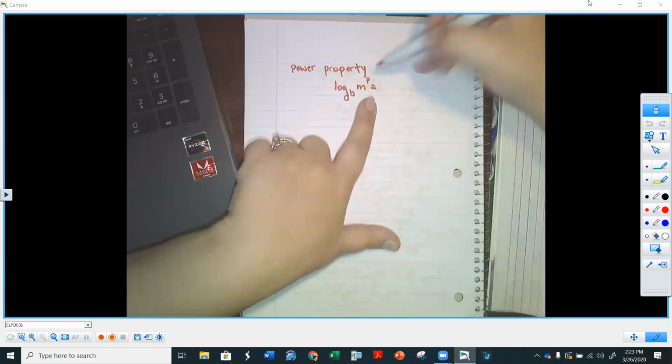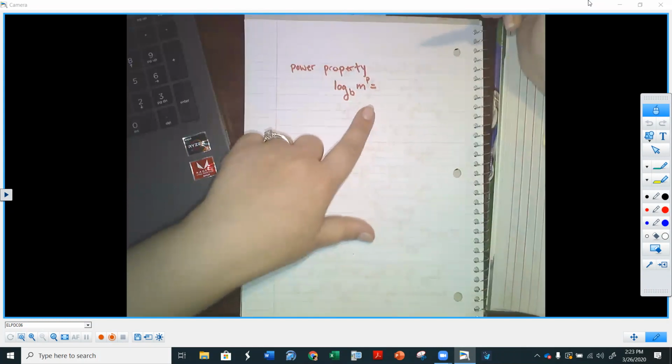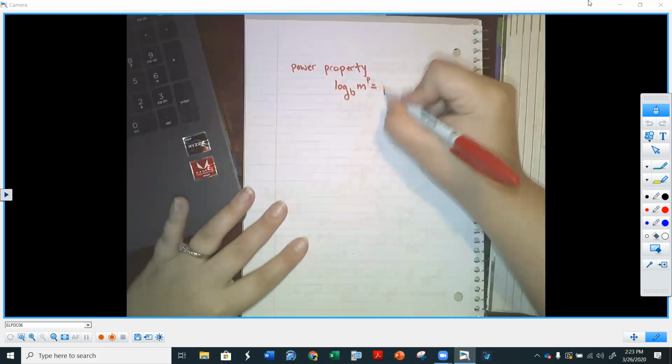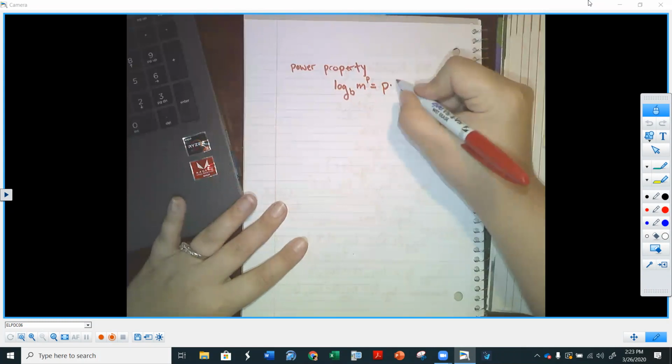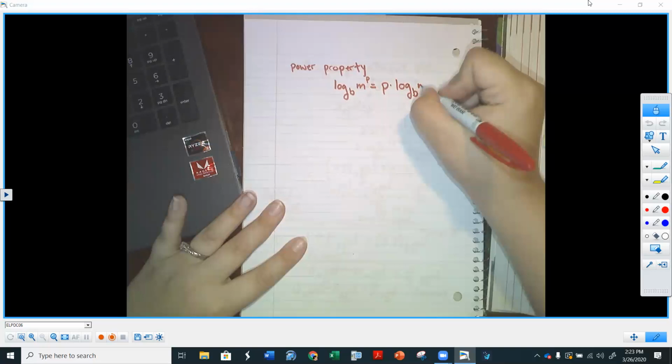Whatever we're going to do, we're going to take this power and we can move it out front. That's going to take a lot of work out of a lot of things that we have to do. So that'll be p times log base b of m.